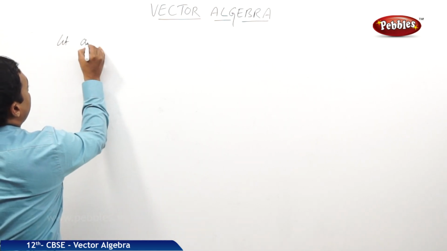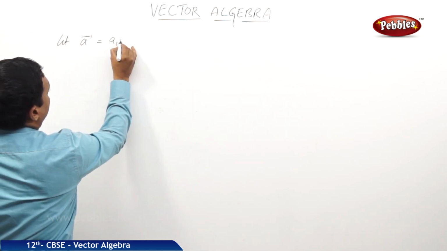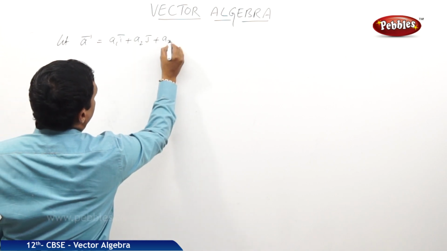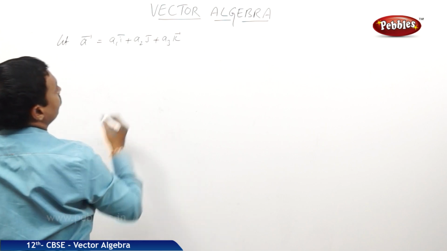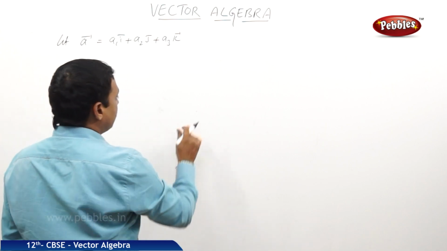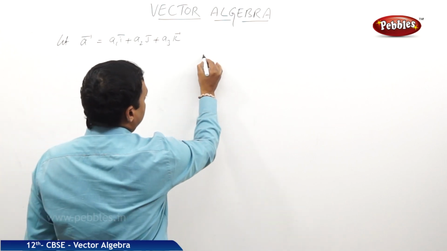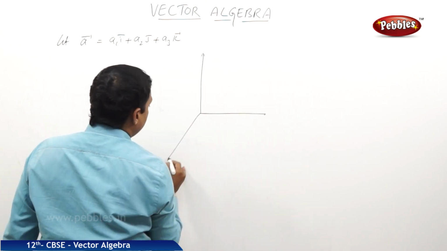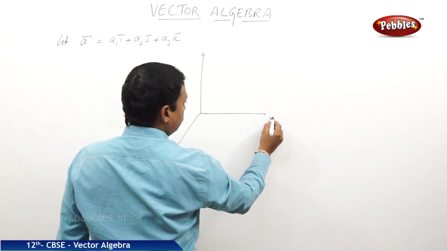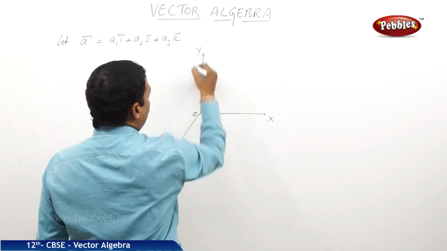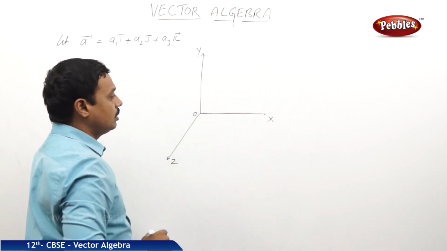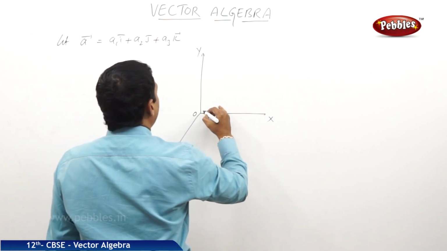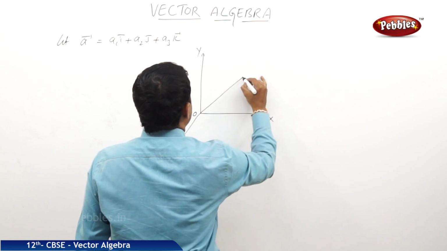Let A bar is equal to A1 i plus A2 j plus A3 k be any vector in the Cartesian coordinate system OX, OY, OZ, the three coordinate axes, and A bar is a vector like this.